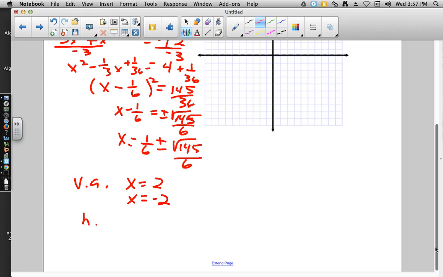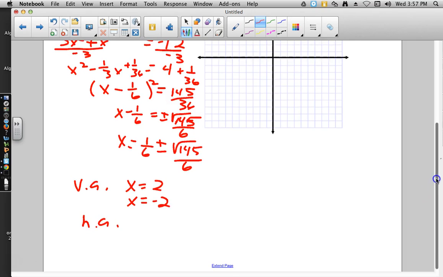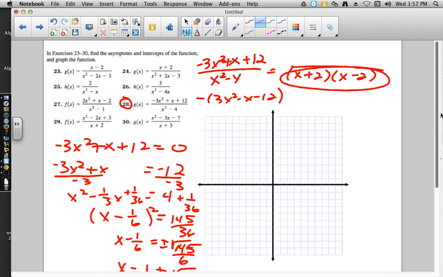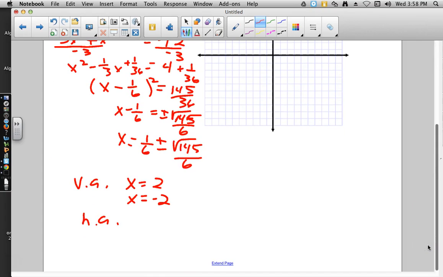Horizontal asymptotes, well, that's about degree. And the degree of the numerator was equal to the degree of the denominator. So if we have infinity squared up here and infinity squared down here, those are going to cancel out, and that'll leave us with -3. So y equals -3 is going to be our horizontal asymptote.